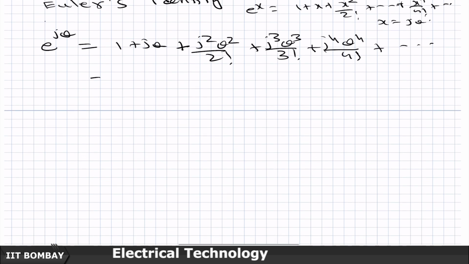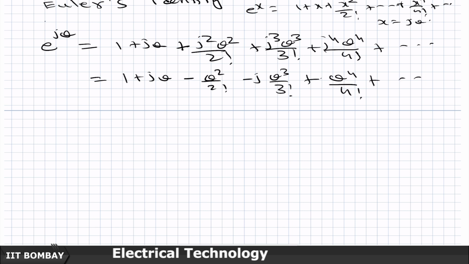Now, let us write it as 1 plus j theta, j square being minus 1. So, this becomes minus theta square by 2 factorial, and j cube is j square, which is minus 1, into j. Therefore, this third term is going to be minus j theta cube by 3 factorial, and j to the power 4 is minus 1 square, so therefore it is plus 1, divided by 4 factorial and so on.